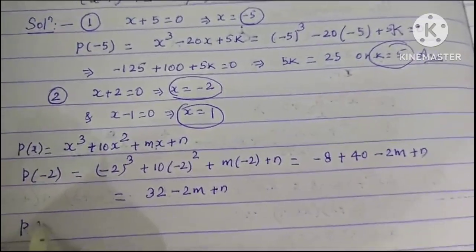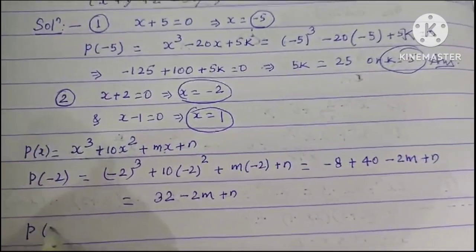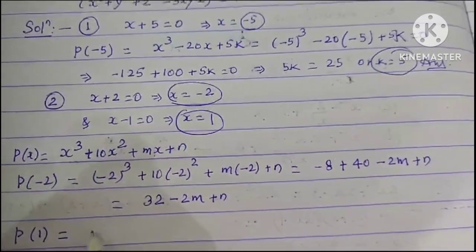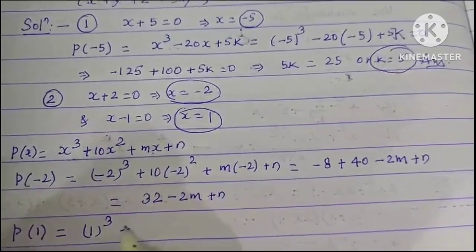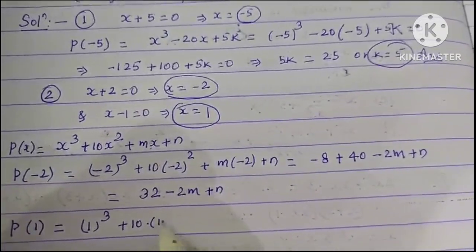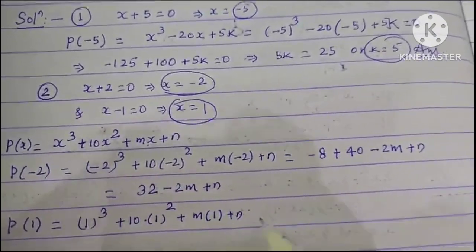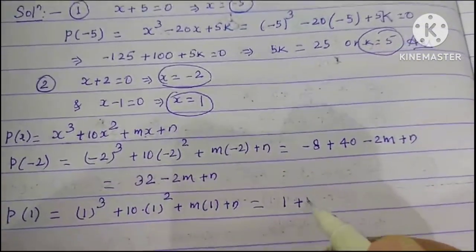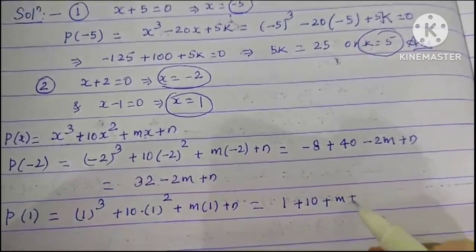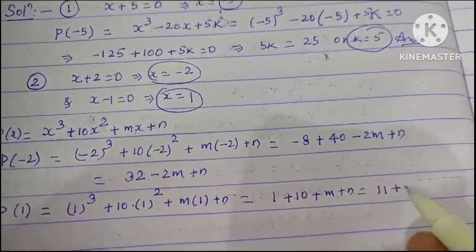And the second one, when we do p(1), we get 1 cube plus 10 into 1 square plus m into 1 plus n. So that will be 1 plus 10 plus m plus n, that is equal to 11 plus m plus n.